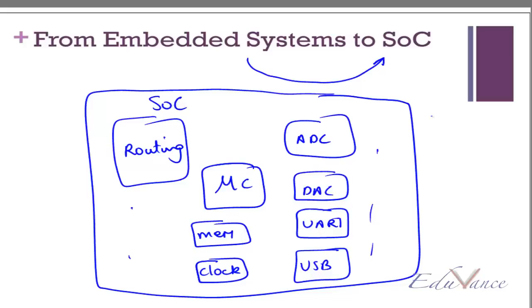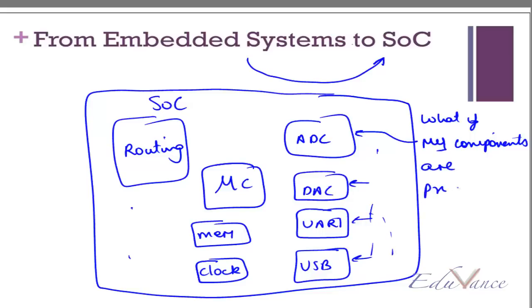Now let's ask ourselves another question. What if my components, that is ADC, DAC, UART or USB and all other components, are programmable? So for example, I have an 8-bit ADC and now I want to operate the ADC in 10-bit mode.